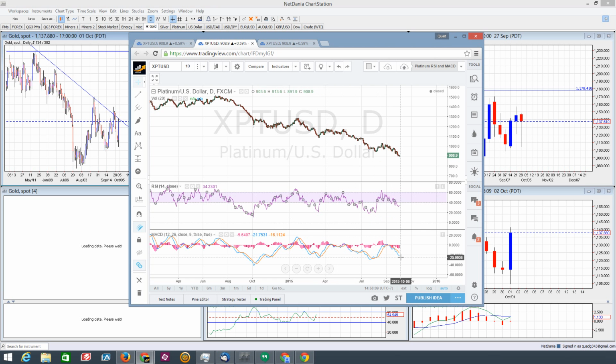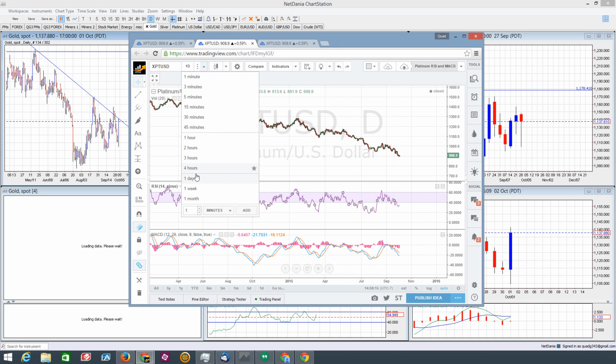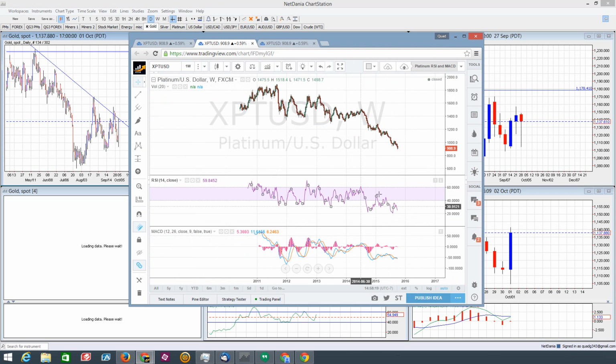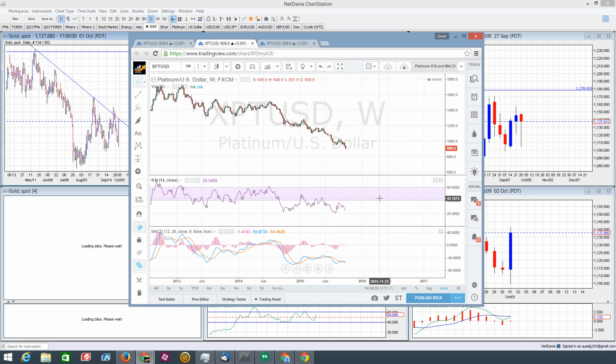So the MACD is open to the downside. That's still bearish. On the weekly picture, we do have a positive divergence that has built up between this swing low here and this swing low on the weekly.